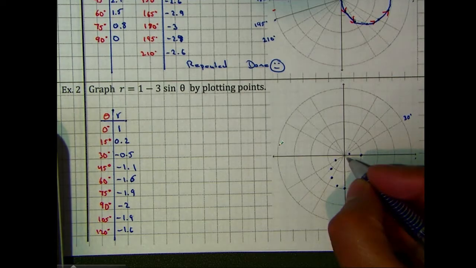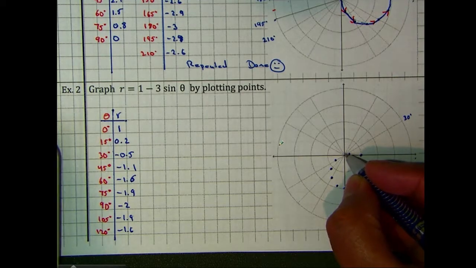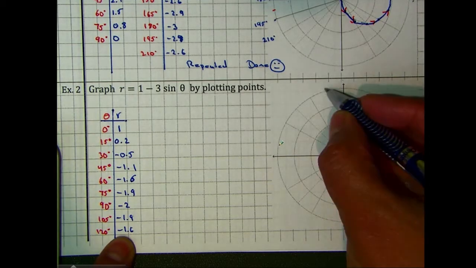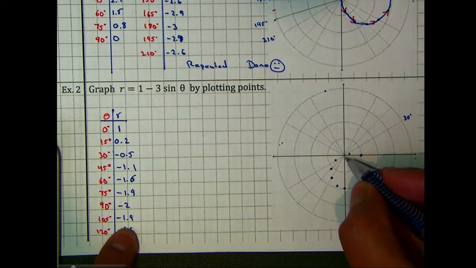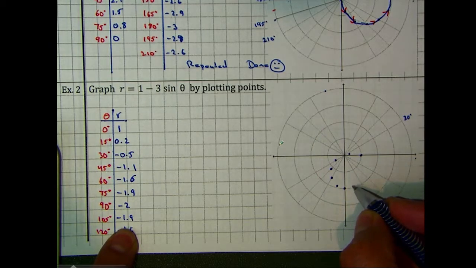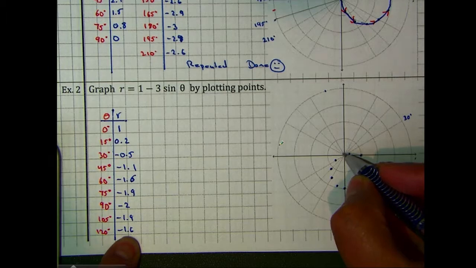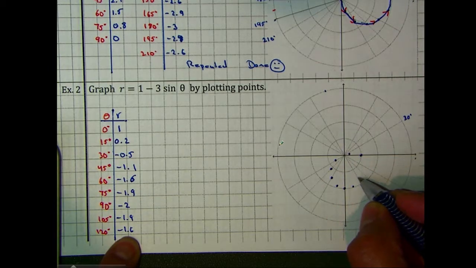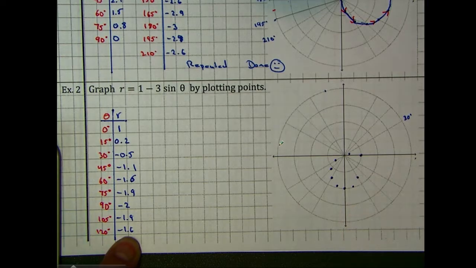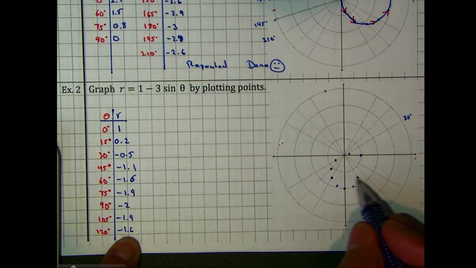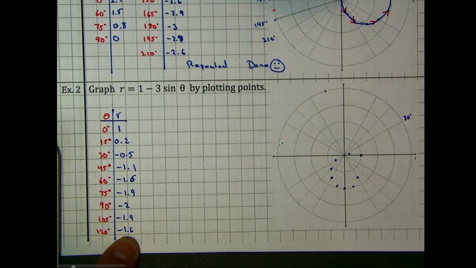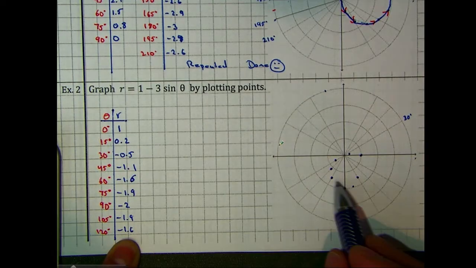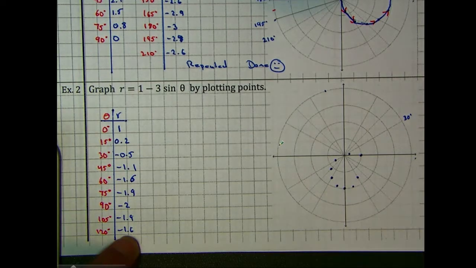So 105, which is over here, I'll go backwards, negative 1.9. 120, 1.6, so it'll be backwards, negative 1.6. And notice that you start to see some of the symmetry here. And it's sine, so symmetry to the y-axis.